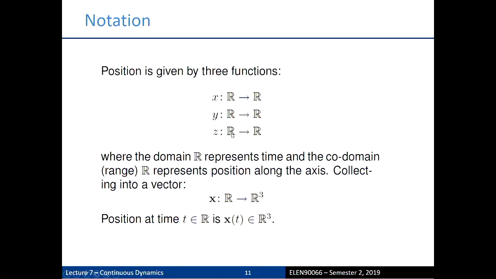A time point, so that's your domain, and your codomain, or the range here, is the position on an axis, okay? Sometimes we can restrict time to R+, which is just t greater than 0, if we choose to say time starts now. We could group everything together into a vector that maps from time into the 3 positional functions, x, y, z.